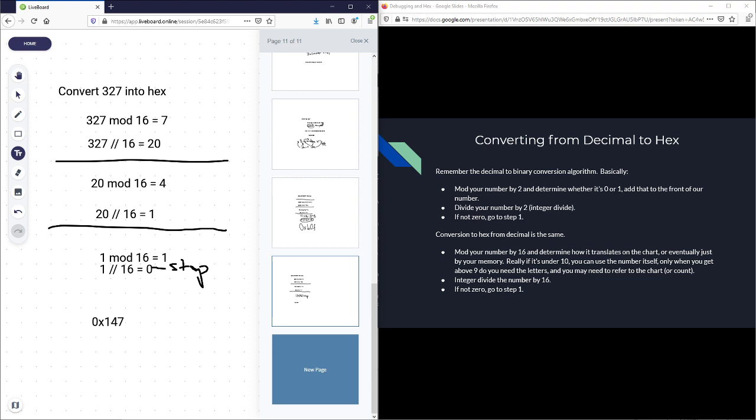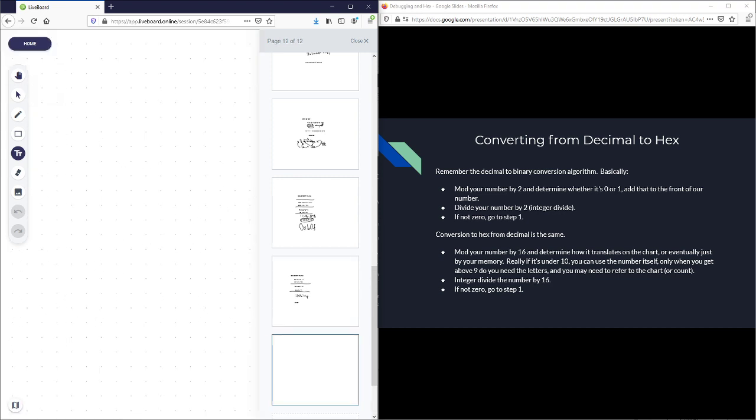Let's do one last one. Let's convert 31,825 into hex. So this is a decimal number. Let's convert it into hex.